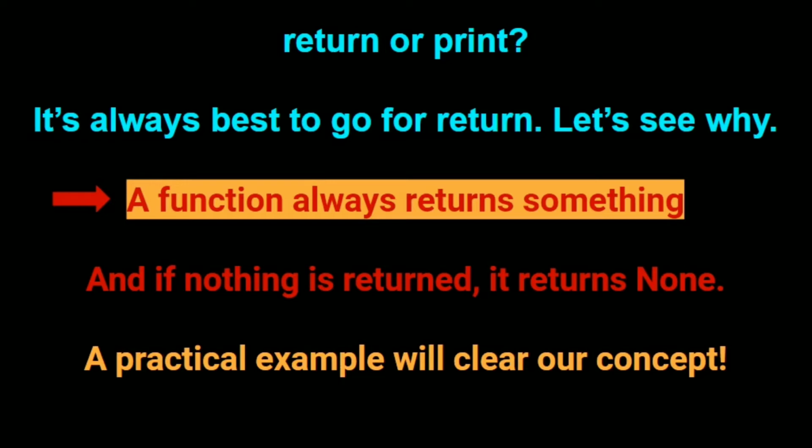Now that something will either be what you have told it to return, that is some specific answer, or else, if you do not mention return a or return answer, any variable or any set of variables, if you do not explicitly tell it to return something, it will return None.